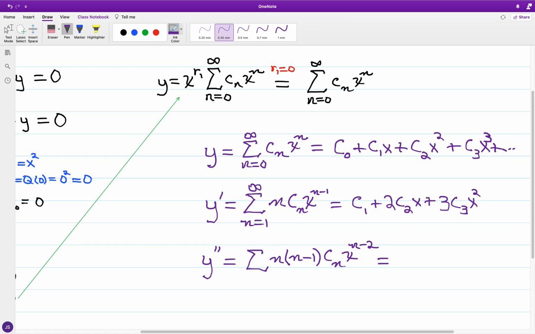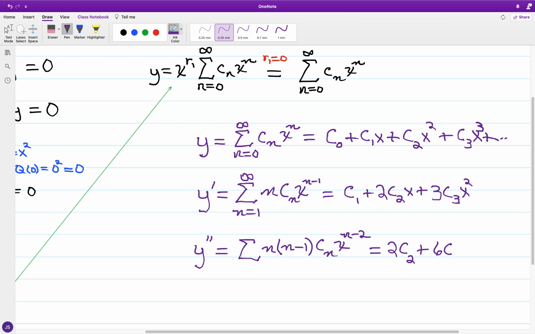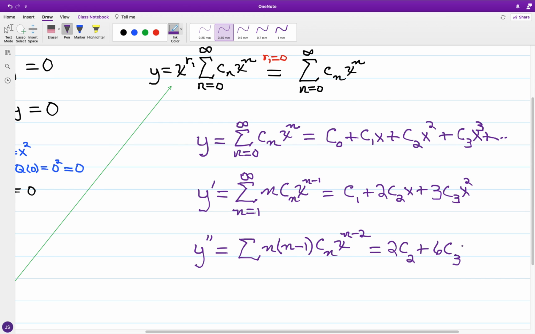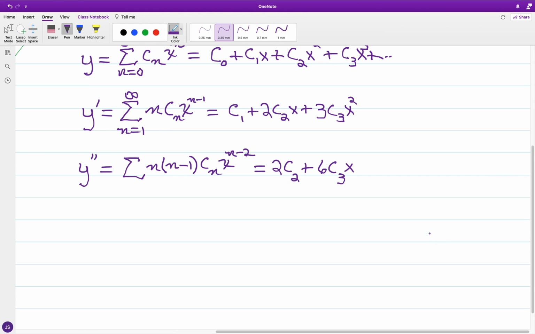With this, c of 1 now goes out, so we have 2c2, and we would have 6c3x. If I were to continue, I've got 1 times 2, 2 times 3, 3 times 4, so that's going to be 12c4x squared, and so on. And we have the limits.